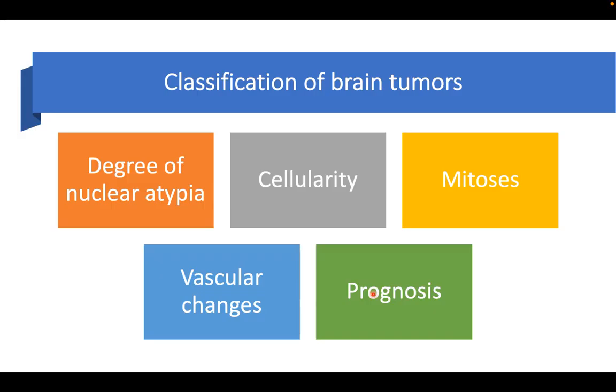So you will notice this classification of brain tumors is more of histologic, microscopic. And based on the histology, or the histopathology, then we get the prognosis.